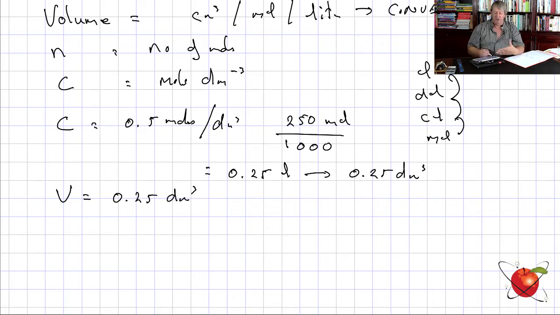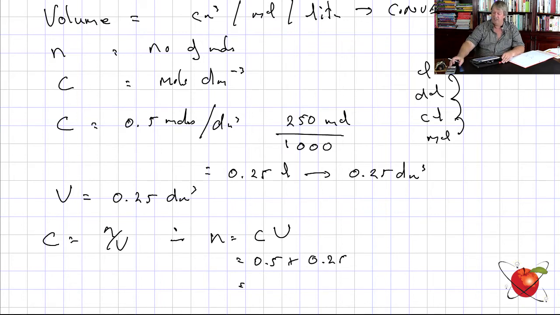Well, we've got volume and we've got C. So C is equal to n over V. Let's rearrange. n is equal to C times V, which is 0.5 times 0.25, which is going to be equal to, let's just have a look, 0.5 times 0.25 is equal to 0.125.